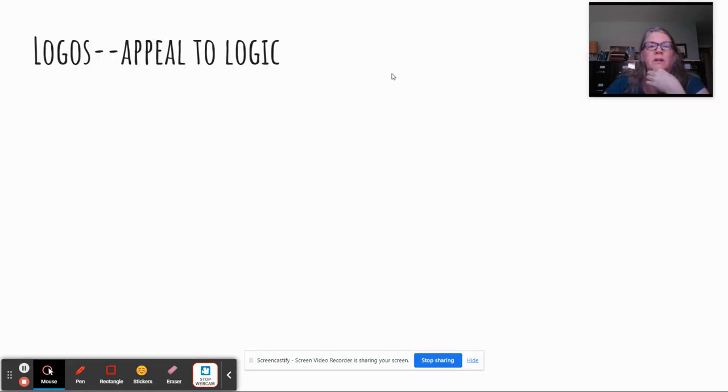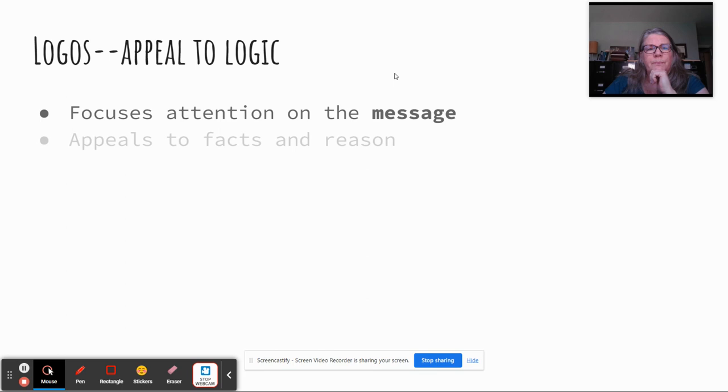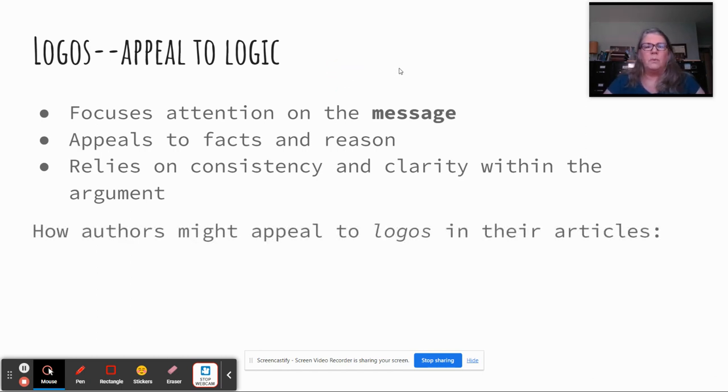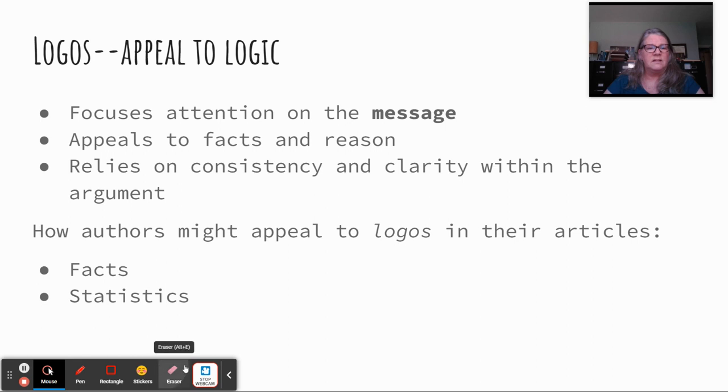Okay, so logos is an appeal to logic and reason. It's focused on the message, factual evidence, and also like a consistent and clear argument. All right. So where you might see appeals to logos is if the author relies on facts, statistics, expert opinions, research studies.